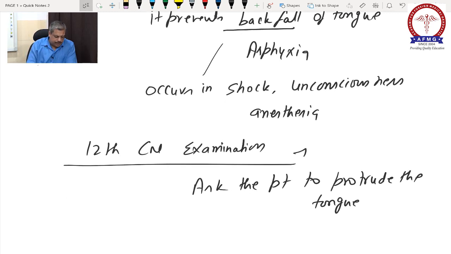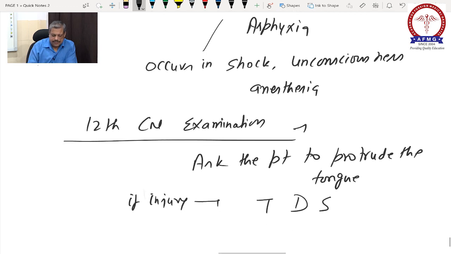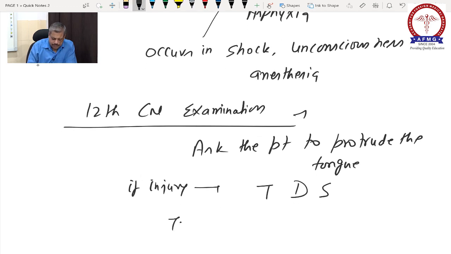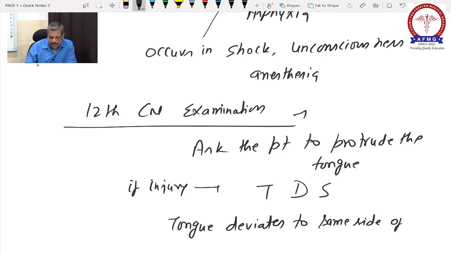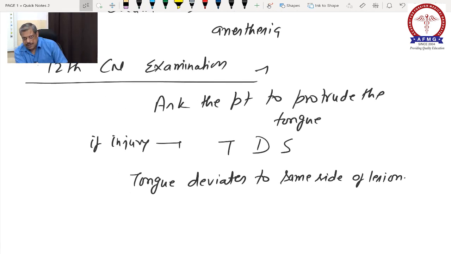In case of injury of 12th cranial nerve, then what will happen? Mnemonic is TDS, tongue deviates to the same side of lesion.